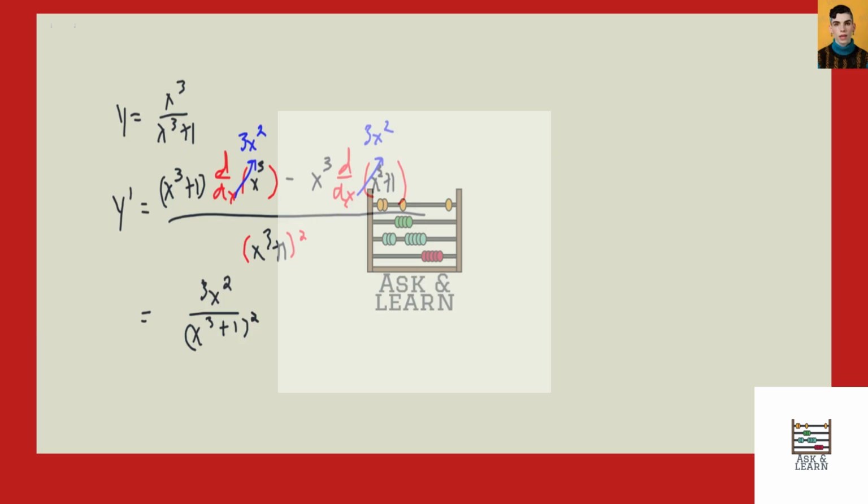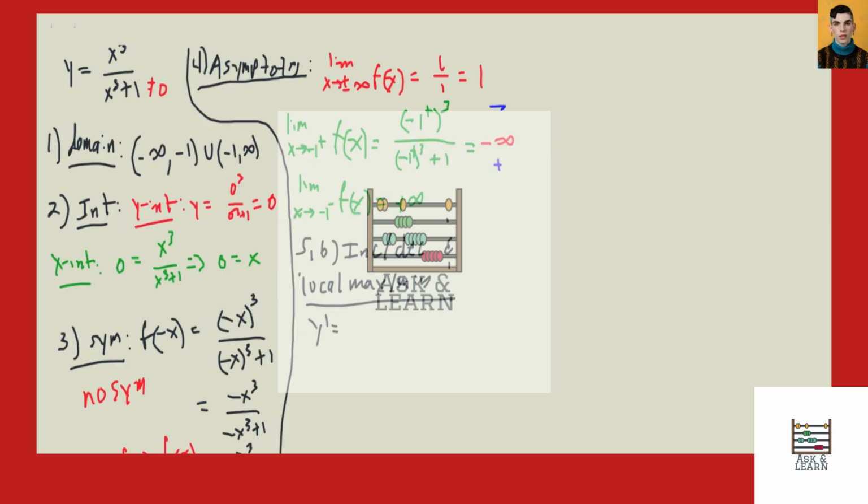All right. And now we can go ahead and set this equal to 0 to try to find our critical points. So we'd set the numerator equal to 0, and that would just tell us x is equal to 0. All right, so we're going to need to know that information. So y prime here is going to be 3x squared over x cubed plus 1 squared.